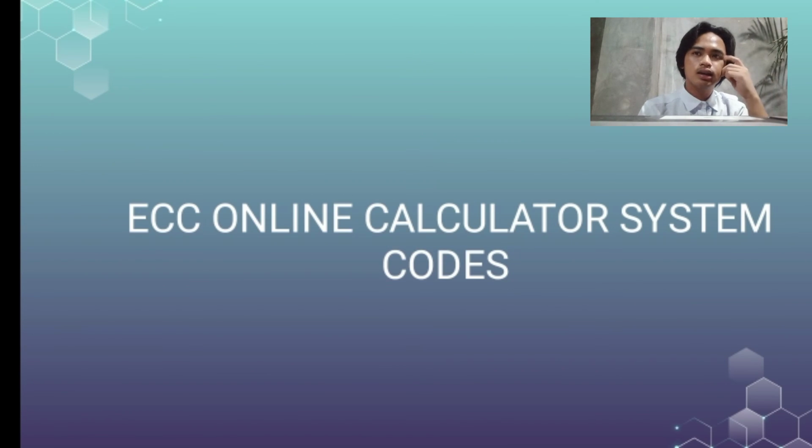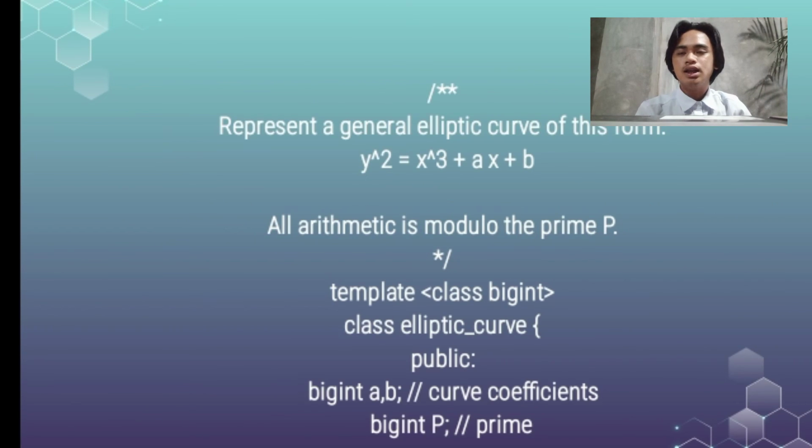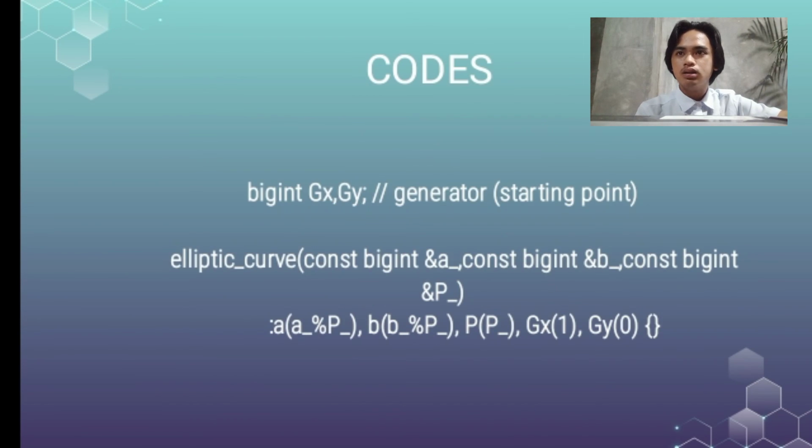RSA Online Calculator system modes. Represent a general elliptic curve of this form: y squared equals x cubed plus ax plus b. All arithmetic is modulo the prime. So this is the code to represent a general elliptic curve. This is the code for the starting point.